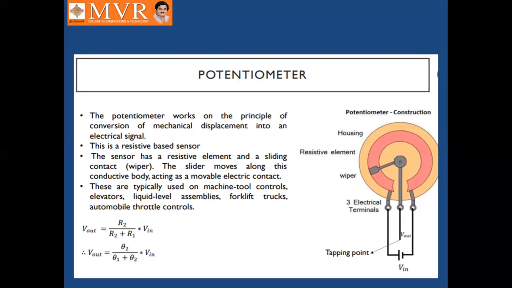In this diagram we may observe one wiper, and what we see in the pink color is the resistive element. Resistance is just a resistance. And what we observe in the light biscuit color, we can call a housing.